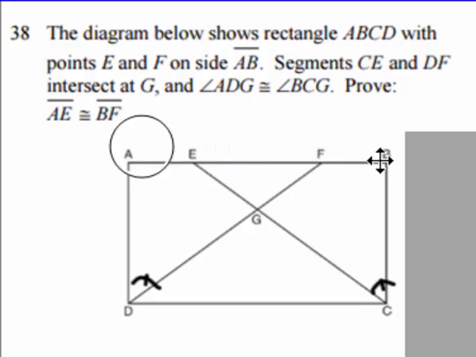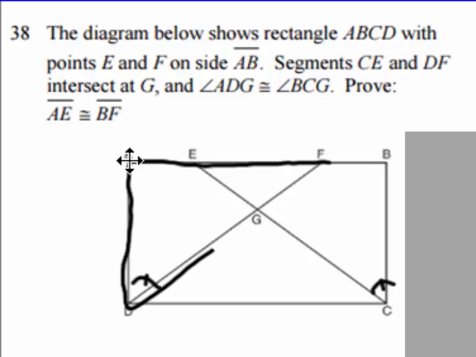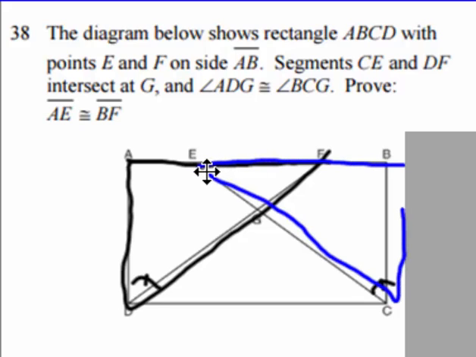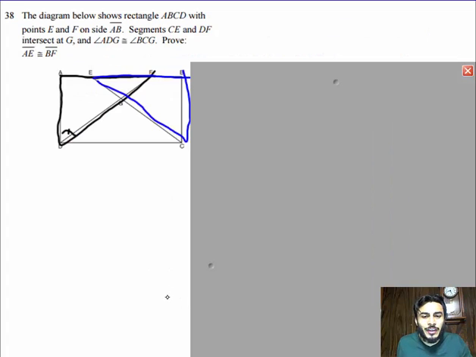Now, with that being said, let's focus on AF now. AF is a part of this triangle here, and EB is a part of this triangle here. So what's the point of saying all that?